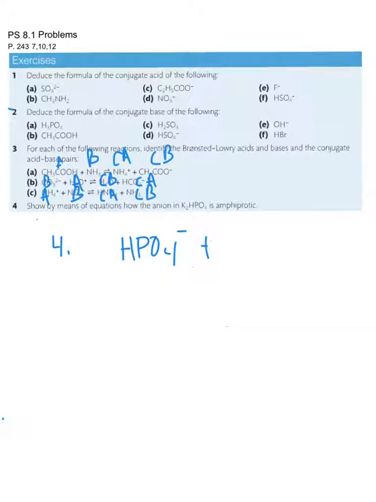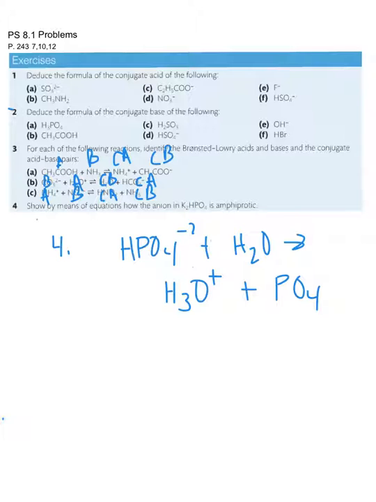Well, I could add H2O to it, and that H2O could take the other hydrogen and become H3O plus, and leave behind the PO4. This should actually be a -2 here because you took a K2 off.